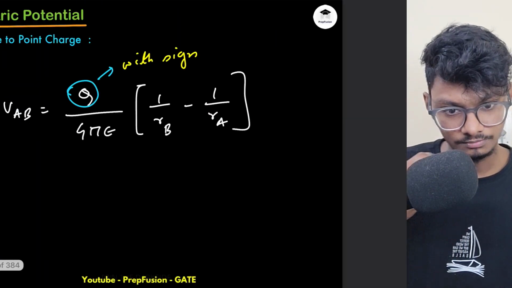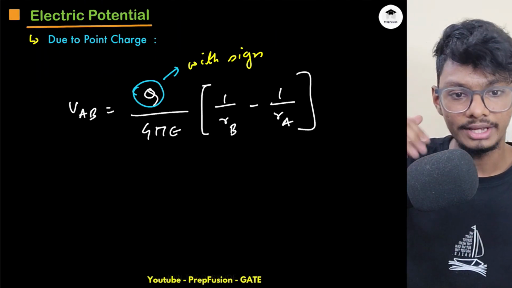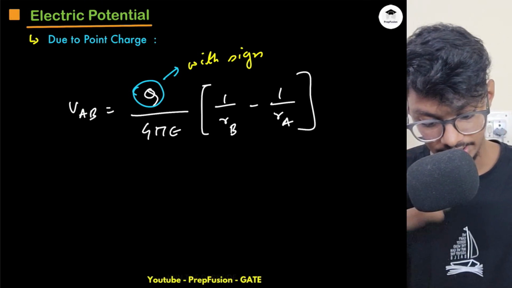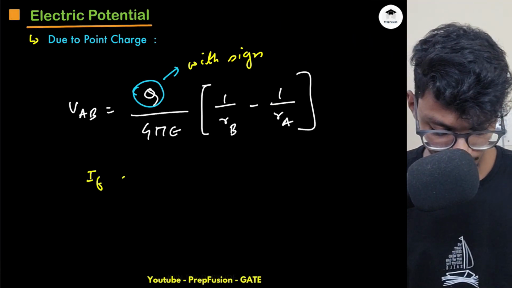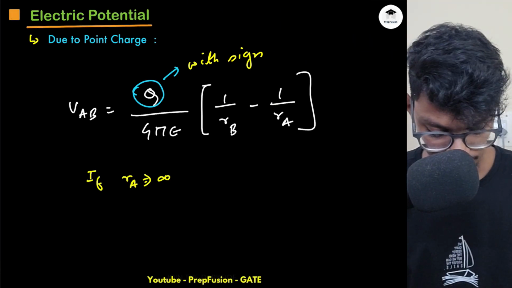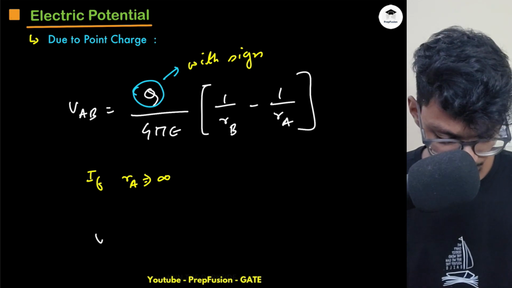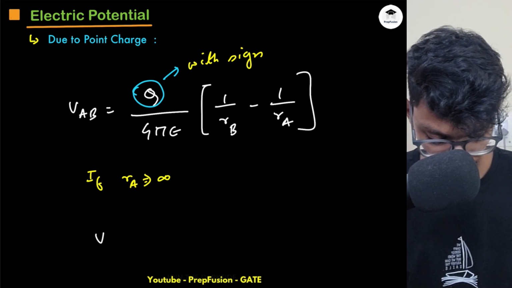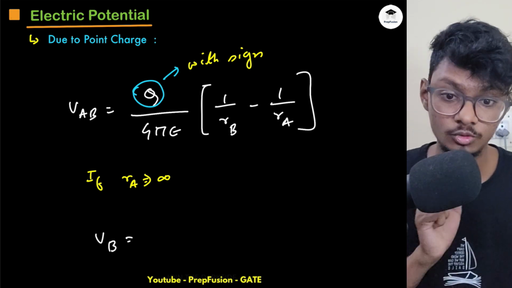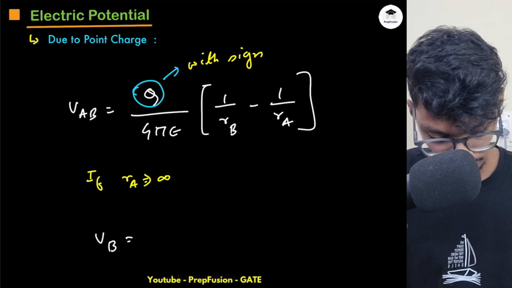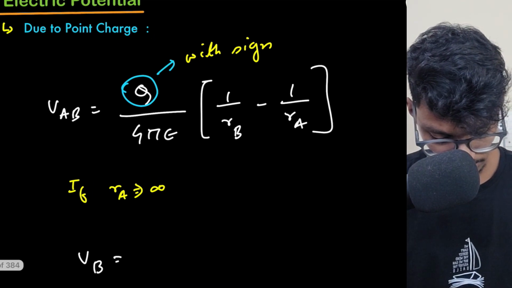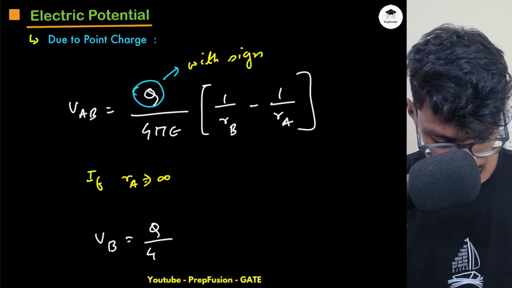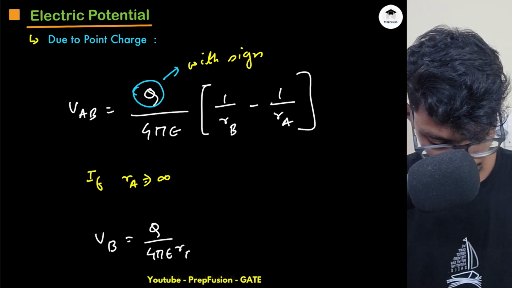Now what if my initial point is at infinity, A point is infinity. If rA is at infinity, then my VB, the absolute potential with respect to infinity, will be basically Q by 4 pi epsilon rB.